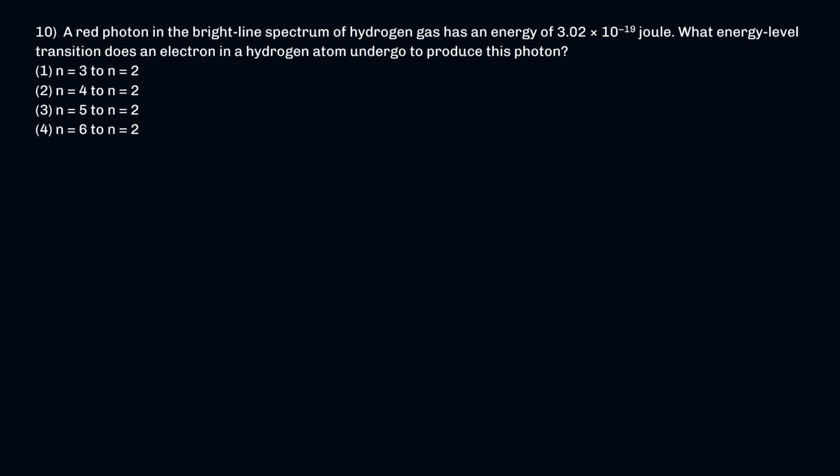And on my energy level diagram, because it's giving me energy levels, I have this in electron volts. But in the question, we are being given this in joules. So again, my energy here, and this is the energy of a photon, is going to be 3.02 times 10 to the negative 19th joules.